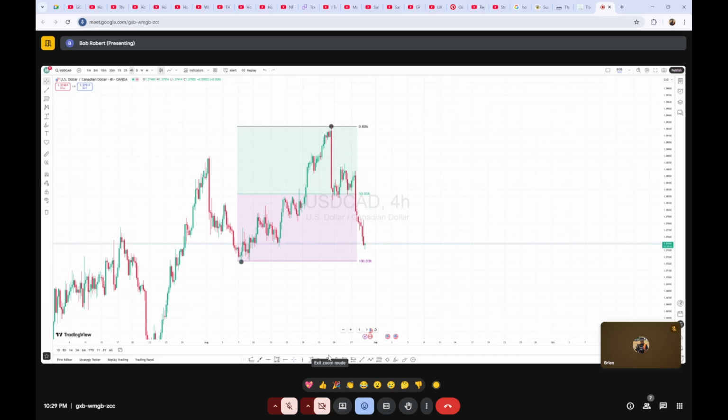But look at this zone, it's already mitigated. So it has been mitigated, this one here has been mitigated by this. So the first zone up here is here like this. This is the first zone, and you see the price touched the zone and gave us some buy.